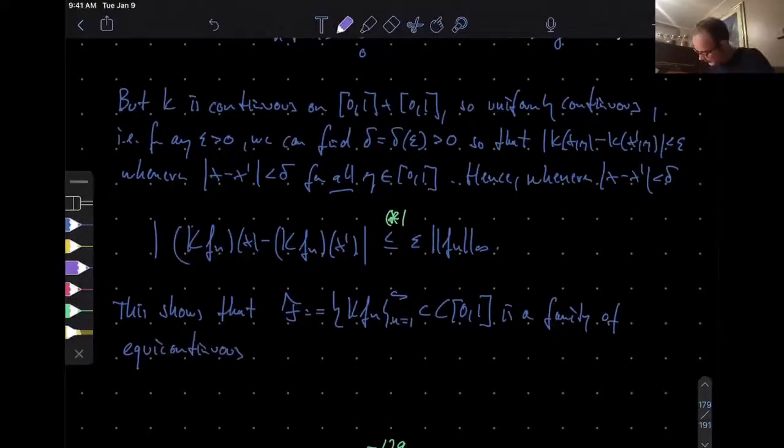This is precisely this fella here. That's where it comes from. And the uniform boundedness we already know, right? So it's a family of equicontinuous, uniformly bounded functions.